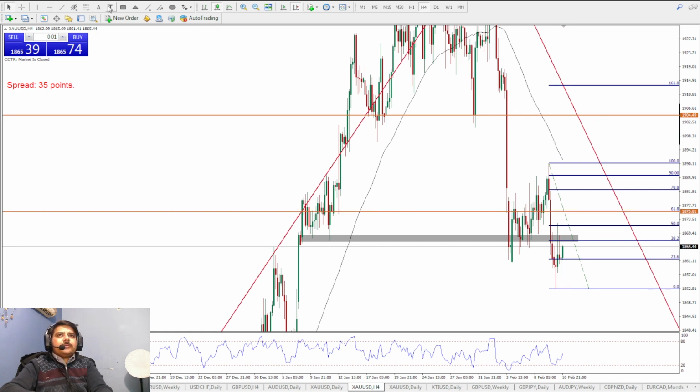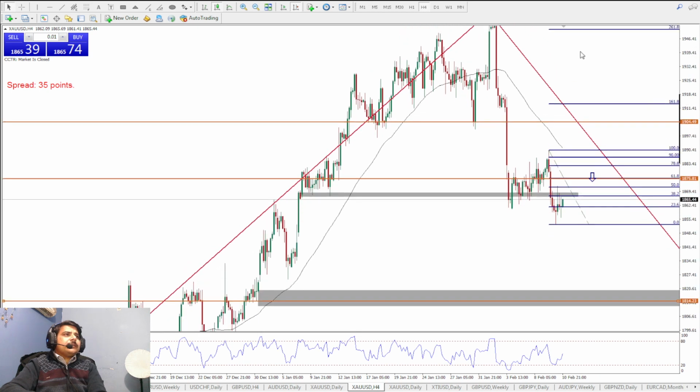A sell from 1875 on the H4 during the week, if you can get a chance for some quick profits, around 60-70 pips it can give you very easily from right here.